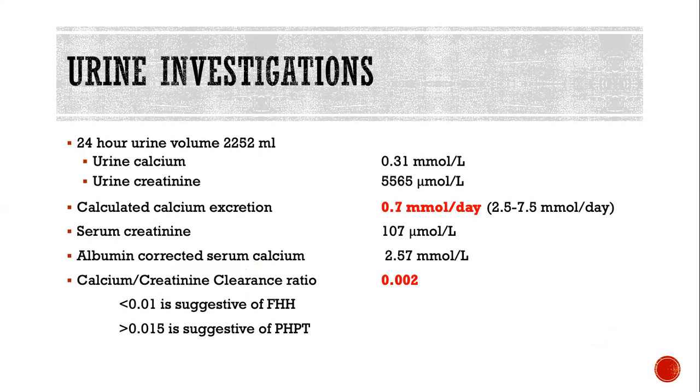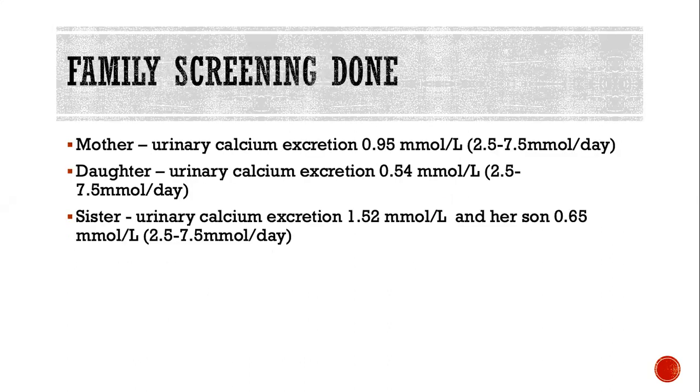And the calcium to creatinine clearance ratio was 0.002, which is also low. If the level is less than 0.01, it is suggestive of familial hypocalciuric hypercalcemia. And if it is more than 0.015, it is suggestive of primary hyperparathyroidism. So this is a case of familial hypocalciuric hypercalcemia.